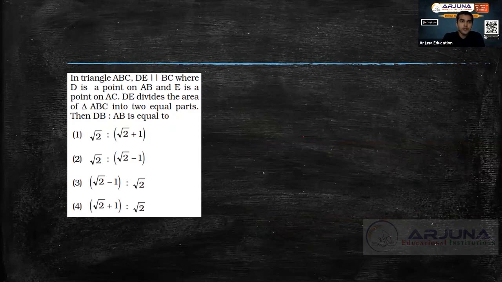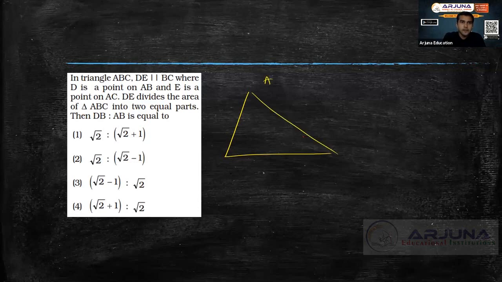What they're asking here is, you have a triangle like this with A, B, C, and there is a DE. D is on AB and E is on this, right?